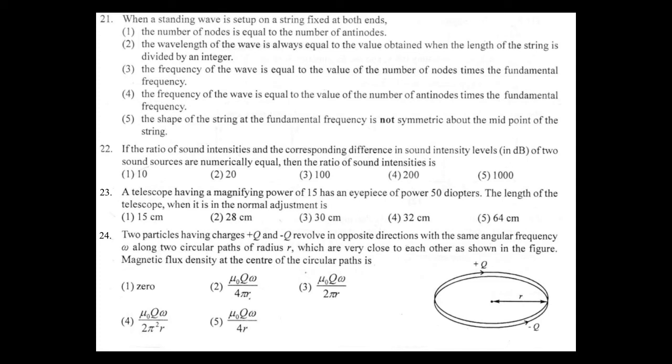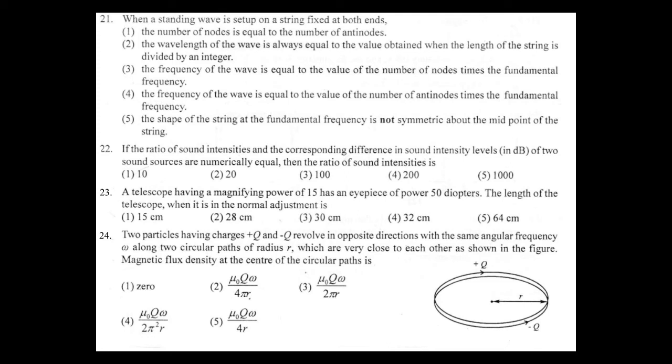Question number 24. Two particles having charges plus q and minus q revolve in opposite directions with the same angular speed along two circular paths which are very close to each other. The question is to find the magnetic flux density at the center of the circular path. First, we consider the motion of the plus q charge.